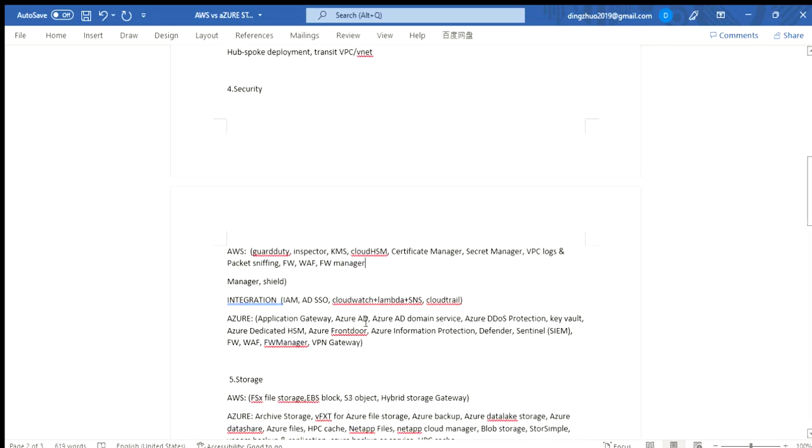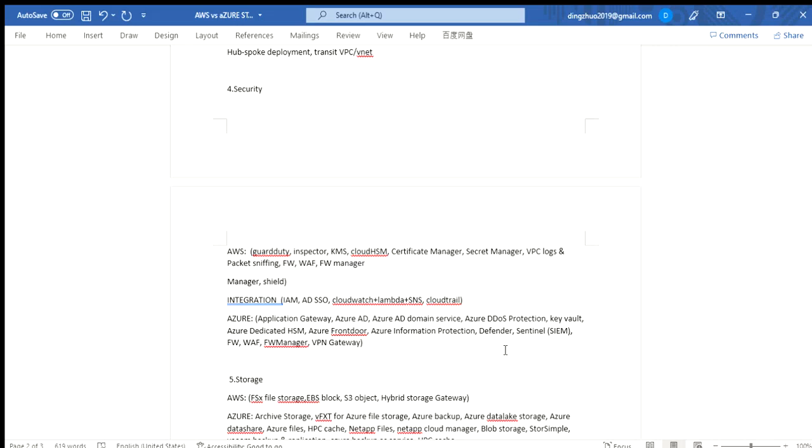On Azure, we have the application gateway. We have Azure AD. We have Azure AD Domain Services. We also have Azure DDoS protection. Key Vault, which is similar to KMS in AWS. Dedicated HSM, which is similar to CloudHSM.